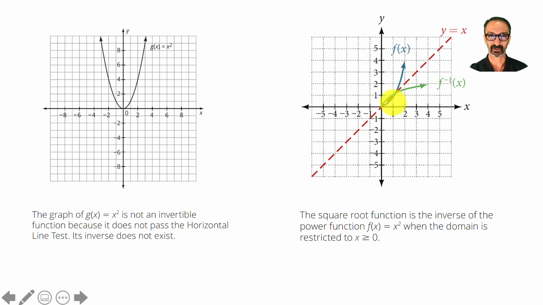So if you just keep the positive one here and you take out the negative portion, when x is less than 0, you could invert this because it passes the horizontal line test. And when you reflect about y equals x, this is x to the second, this is square root of x, which makes more sense. 4 takes me to 2, here 2 takes me to 4, and everything is fine both ways.